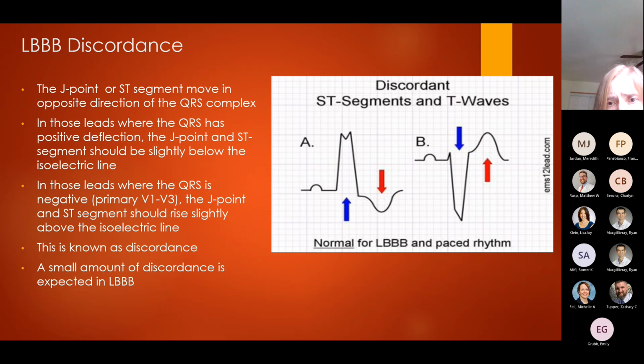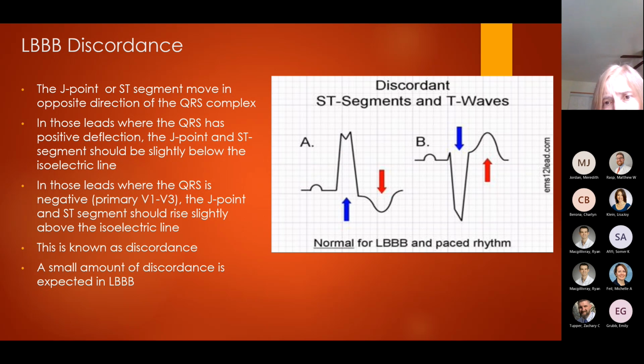You can see ST elevation, a J point elevation here, which is normal, and you can see some depressions here. It depends; this is mostly V1, V2. So discordant means in the opposite direction. The T wave goes the opposite direction of the QRS. So that's what we call discordance: the T wave is opposite of the QRS.